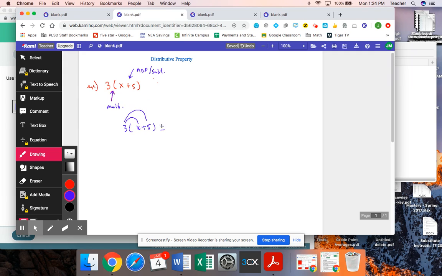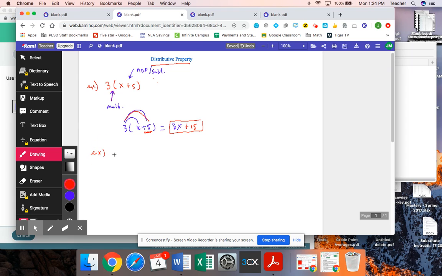So 3 times x is 3x. And then when I take a look at 3 times 5, I take the whole sign into account. So it's 3 times positive 5, which is a positive 15. So 3x plus 15 is this thing rewritten. They are equivalent. They are the same value. I just used the distributive property to rewrite it.